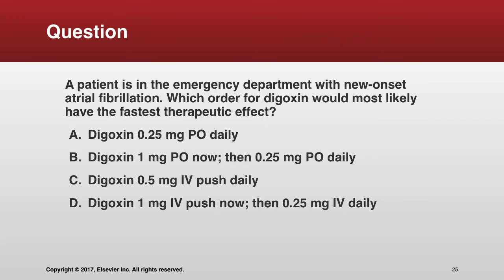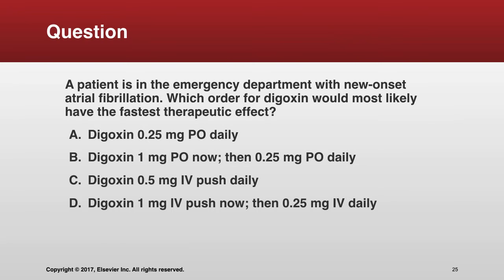Thinking back to how drugs in general work. If we want to get a fast therapeutic effect, we're going to give this 1 milligram IV push now. That's going to give us a good increase in the amount of drug that's in the body. Then we're going to start giving 0.25 milligrams IV daily.